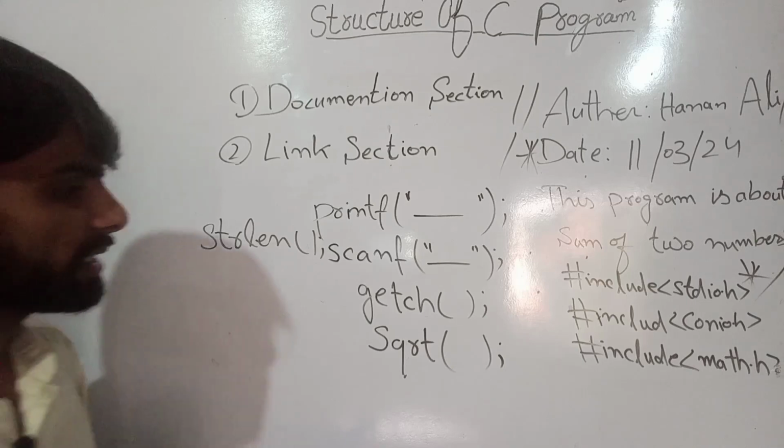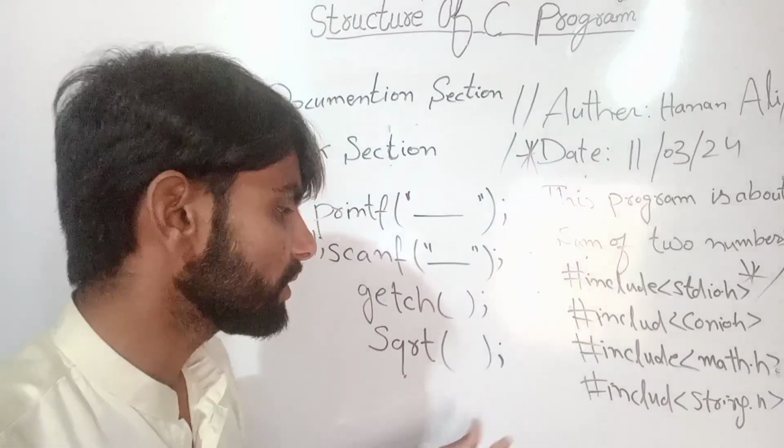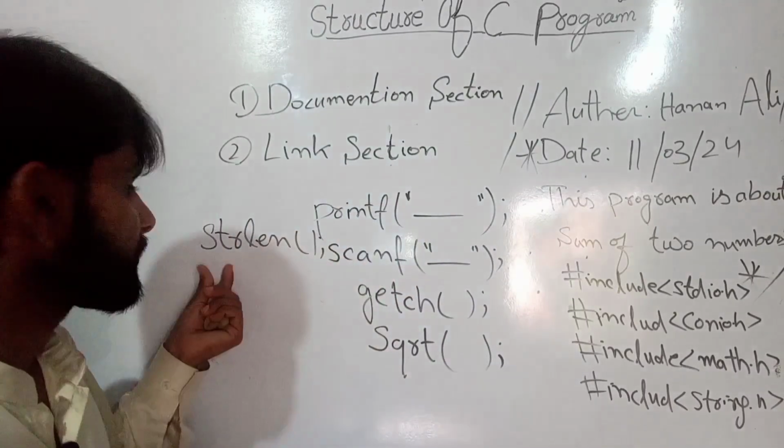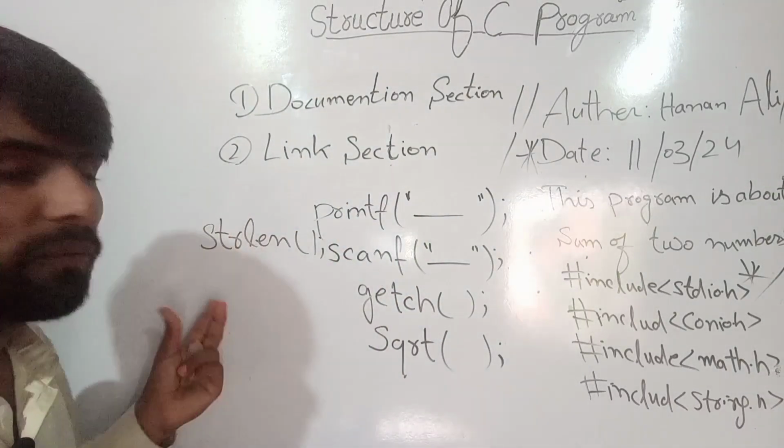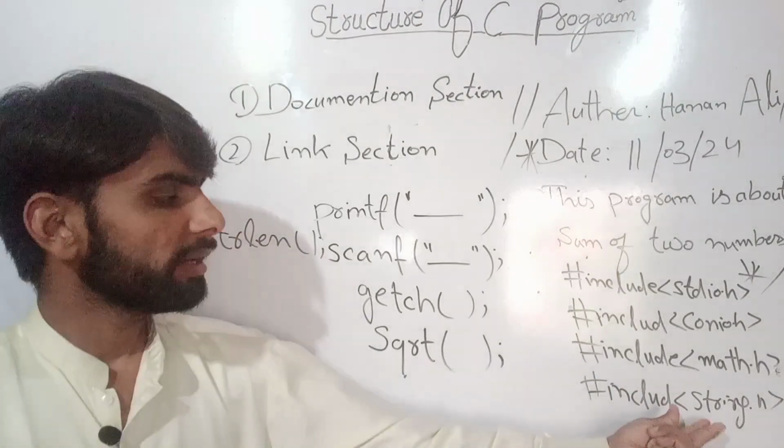This function is written in the library file named hash include string.h. So this is the library for strings. We use all string functions by declaring the string library.